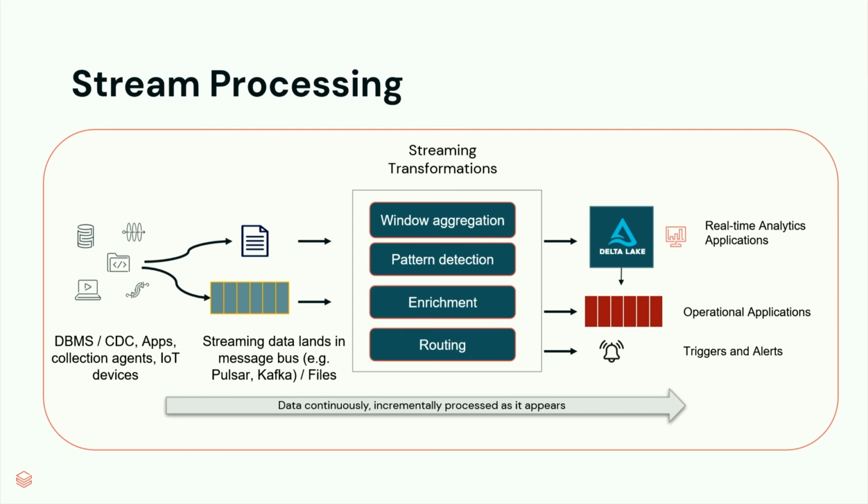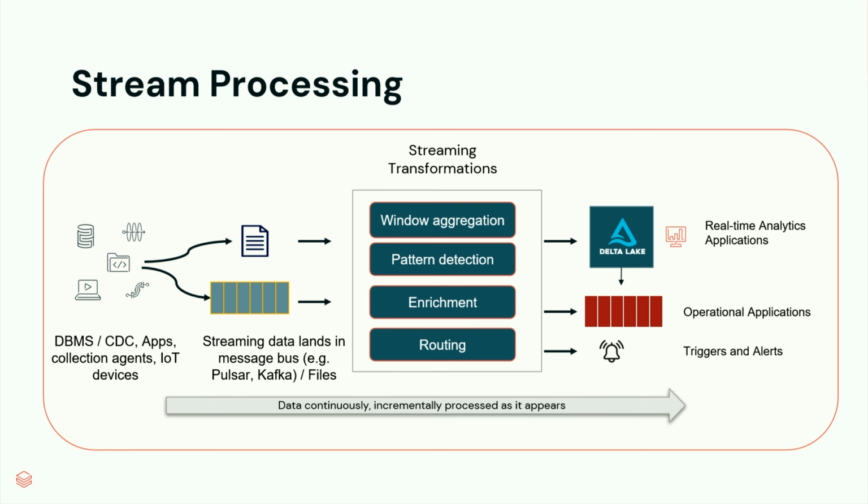Now, when you generate all this real-time data, how are you going to process it? Stream processing essentially captures the data from databases, CDC, apps, or collection agents, where all the data that I mentioned in the earlier slide is collected, and it is staged in two distinct systems. One is S3 buckets, where the data lands as S3 files, whereas the other is a buffer called Kafka or Pulsar, those kinds of message bus systems.